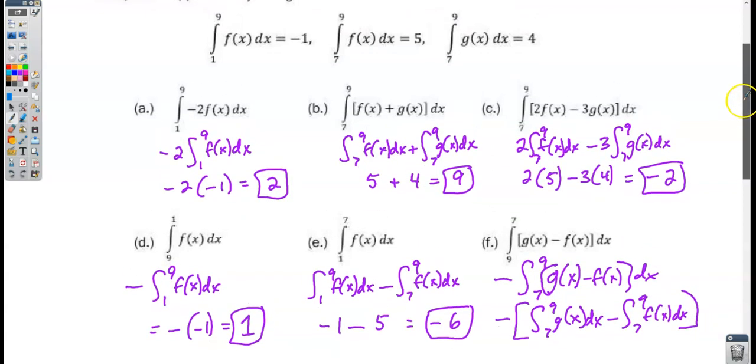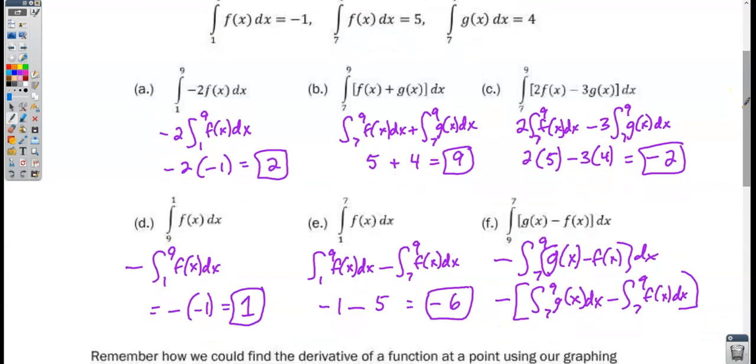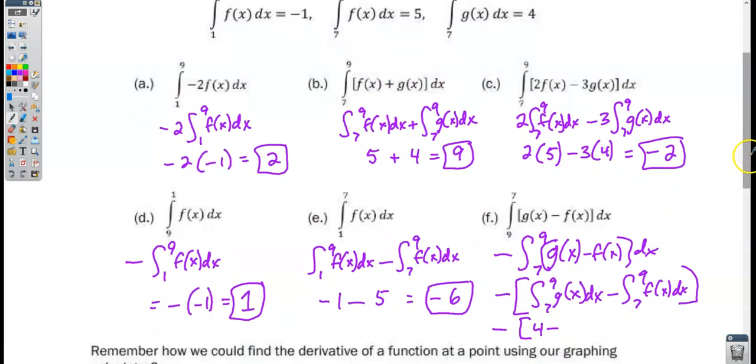And let's see, the integral from 7 to 9 of g of x is 4. And the integral from 7 to 9 of f of x is 5. This is the opposite of negative 1. So this is positive 1.